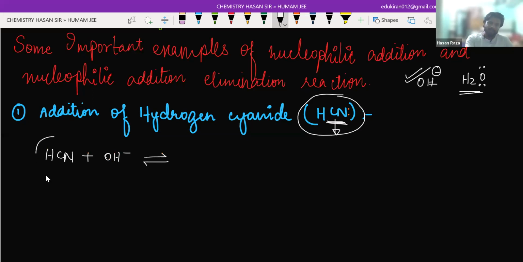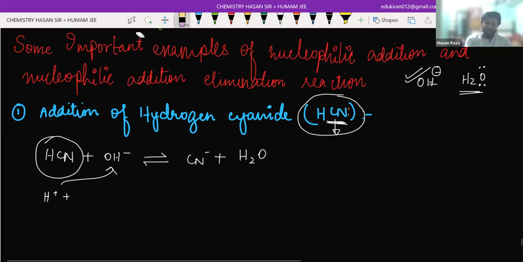HCN is an acid, so it will dissociate. I made a mistake. When HCN dissociates, it becomes H plus and CN minus. Now this is a stronger nucleophile than HCN.